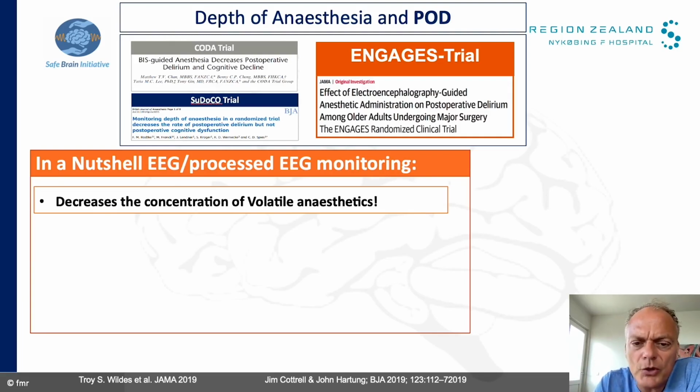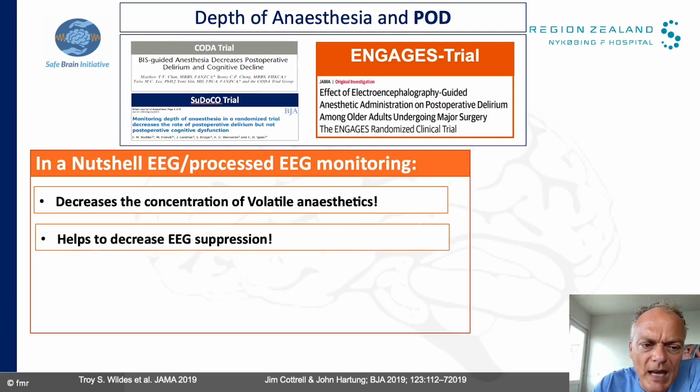But the CODA trial also showed that by using EEG monitoring, you can decrease the sedative load with propofol. Then, interestingly, and this is probably the most important information, by using EEG monitoring you can help to decrease EEG burst suppression. This is especially important because burst suppression, as we know, is not a physiological state. You never have burst suppression in your sleep unless you are deeply hypothermic, in deep coma, or have an anoxic brain injury.